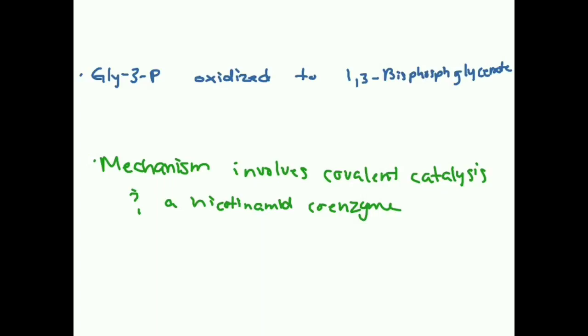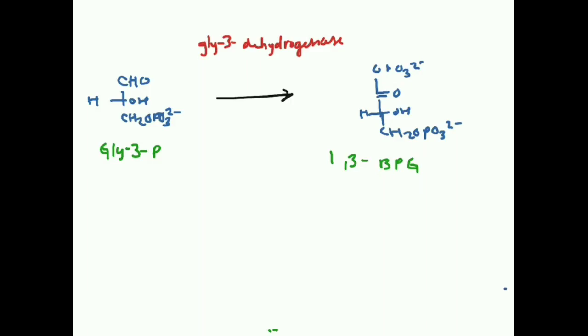So this reaction again goes from glyceraldehyde 3-phosphate using the enzyme glyceraldehyde 3-phosphate dehydrogenase to make 1,3-bisphosphoglycerate.